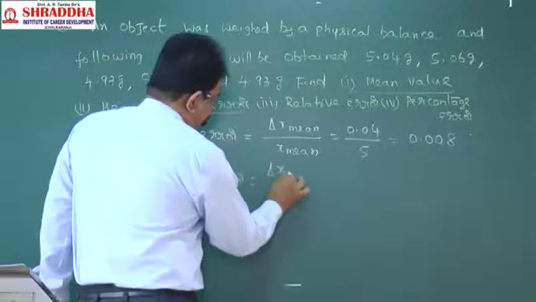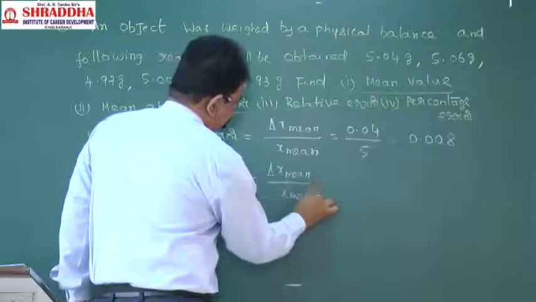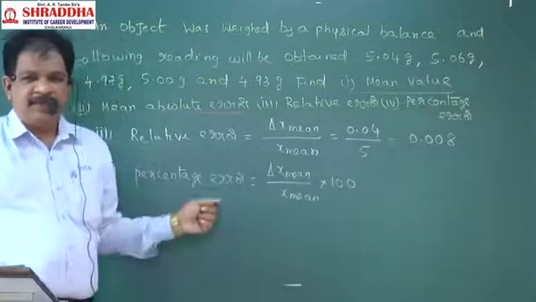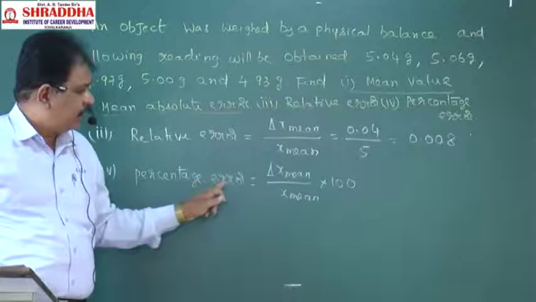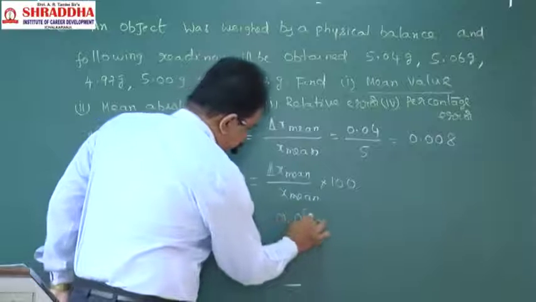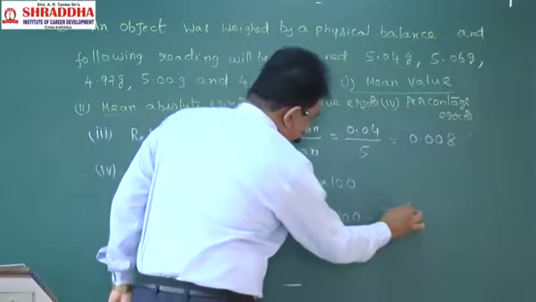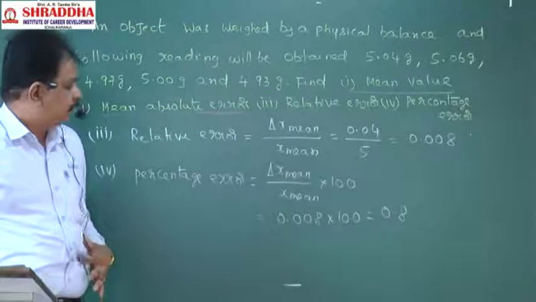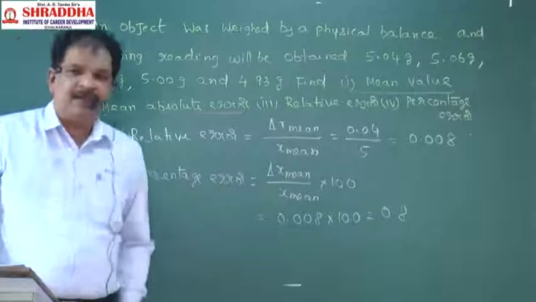Delta x mean by x mean into 100, which means relative error into 100, is called the percentage error. So 0.008 into 100, this value will be 0.8. That value is called the percentage error.